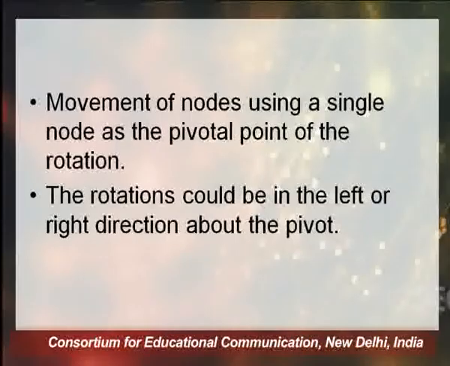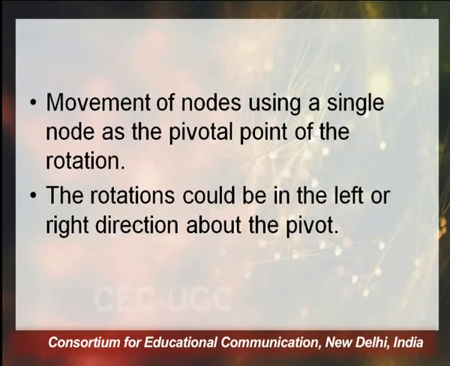So here that pivotal point of rotation has to be a particular node, and rotation is nothing but simply a movement of nodes using a particular single node as the pivotal point of the rotation.